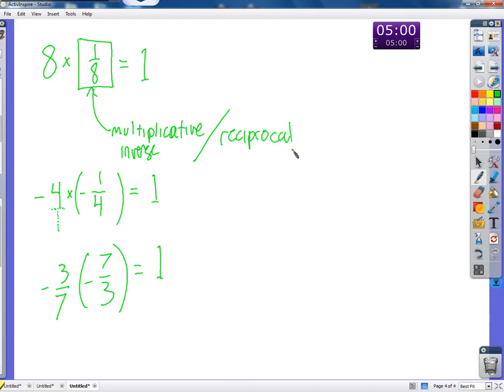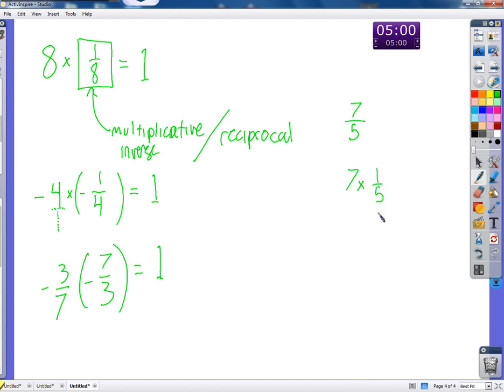It's an important number, and really, what we have learned before is that when we divide by a number, division is defined as multiplication by the multiplicative inverse of that number. So if you're doing 7 divided by 5, that's technically 7 times 1/5.